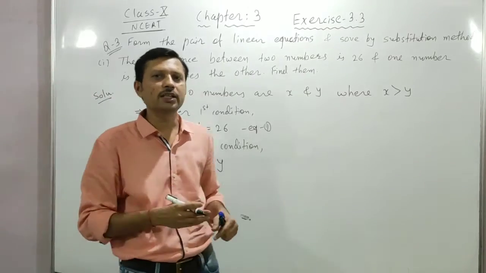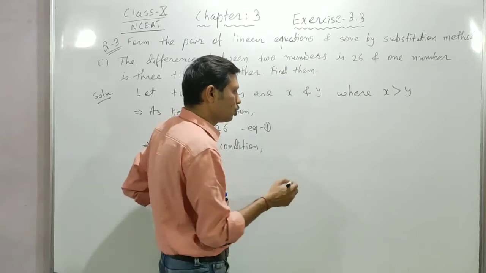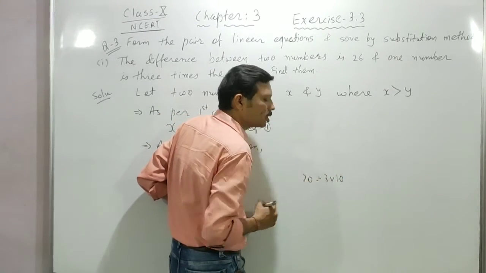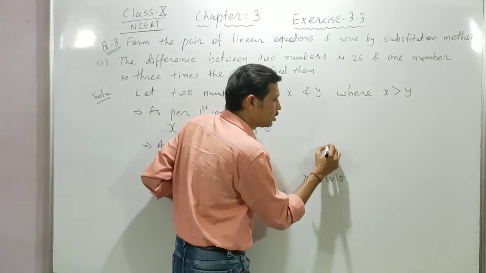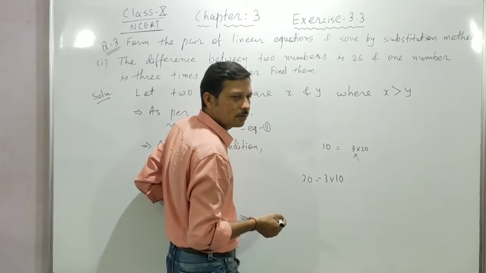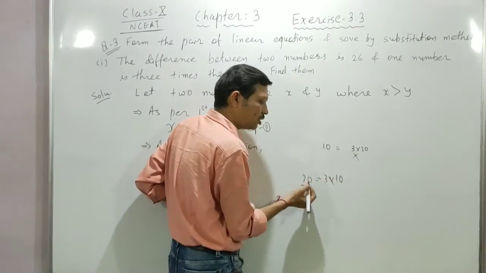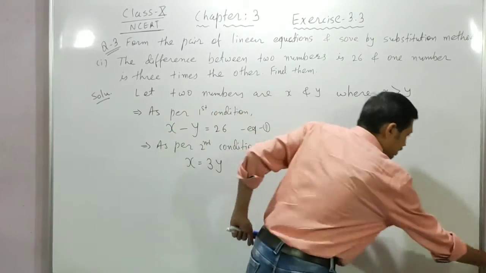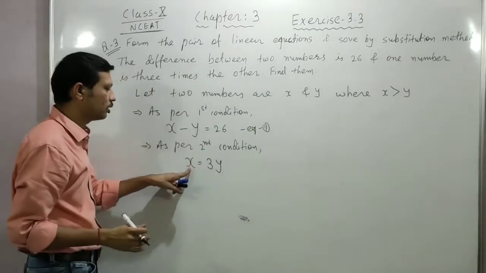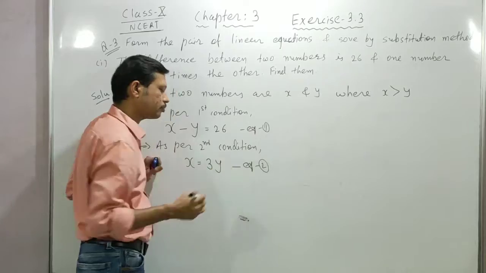We cannot do it the other way. Suppose we have the two numbers 10 and 30. To make 10 three times, you get the greater number 30. It's not that 10 is equal to 3 times 30. That is not possible. So the smaller number we make 3 times, and that is equal to the greater number. That's my equation number 2: x is equal to 3y.